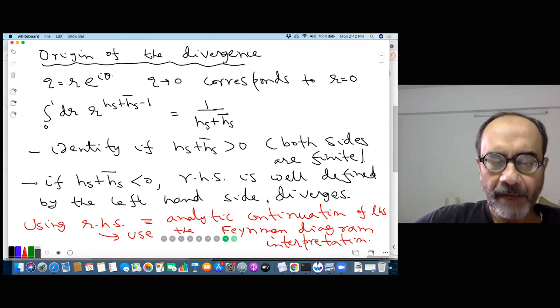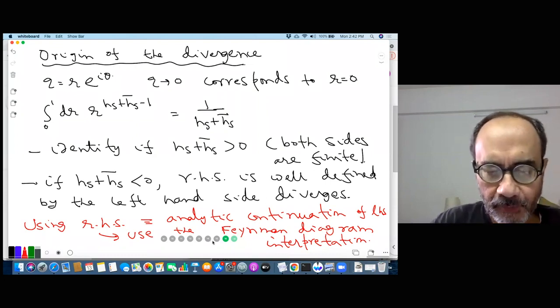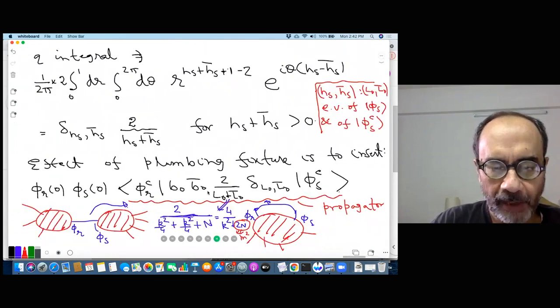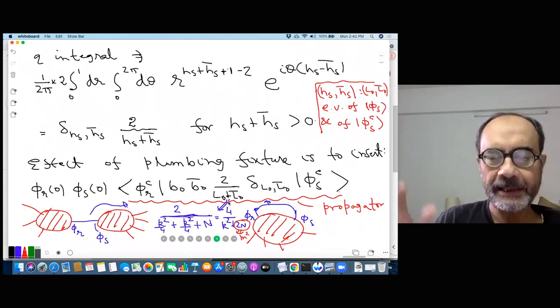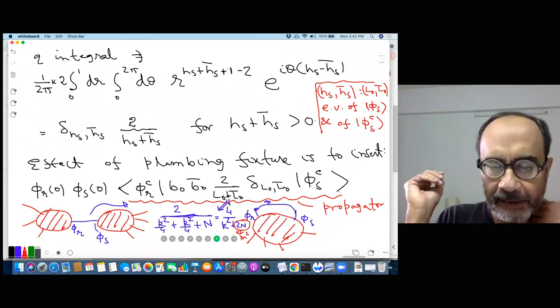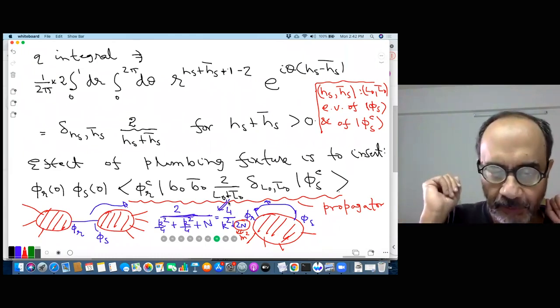Because from the Feynman diagram perspective, this is more fundamental, right? 1 over L0 plus L0 bar, that's 1 over k square plus m square. That's the fundamental description of this amplitude.